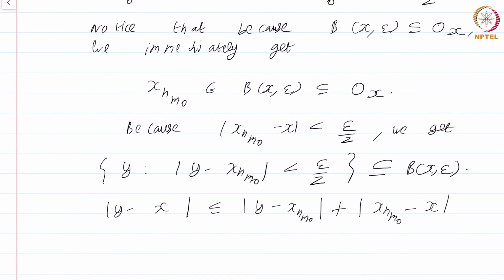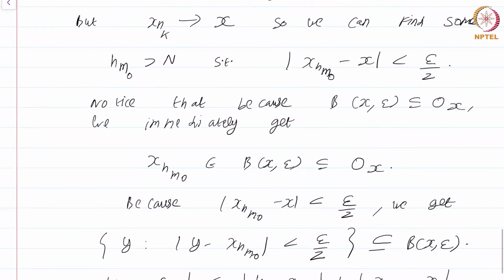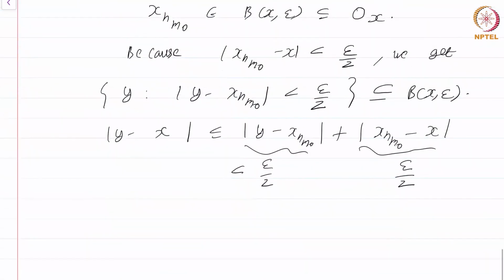But this is less than epsilon by 2, and this quantity is also less than epsilon by 2 because nm naught is strictly greater than n, and we have this condition. Together this shows star.